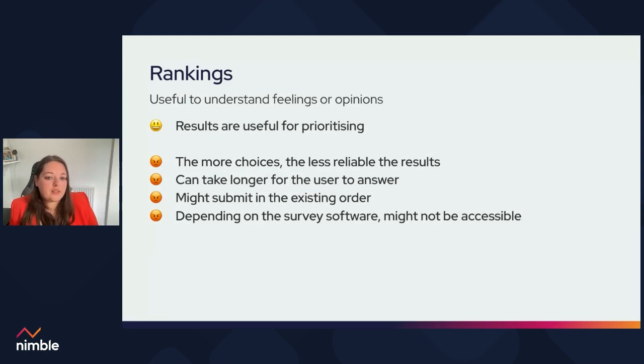Some survey software will let you know if the user has just skipped it, or if they have moved something and then submitted it. Also, depending on the survey software you're using, it might not be accessible to all users. Something to really think about when you're creating a survey is making sure it is accessible.